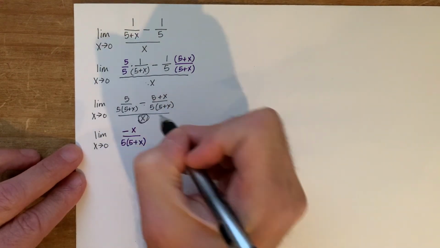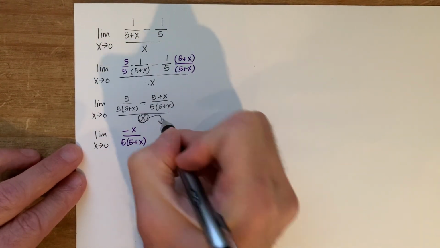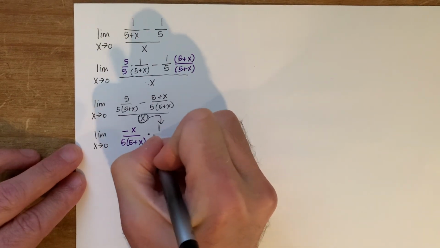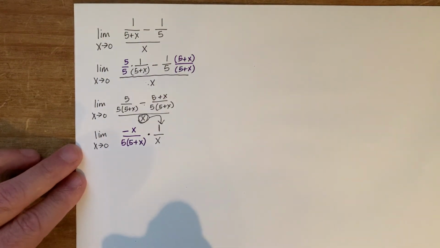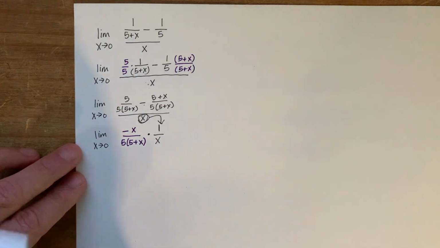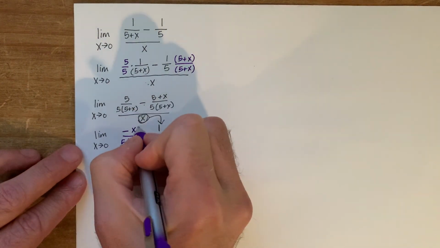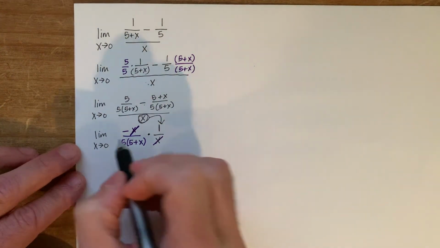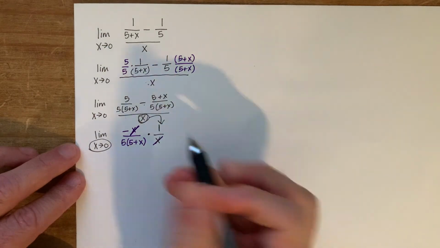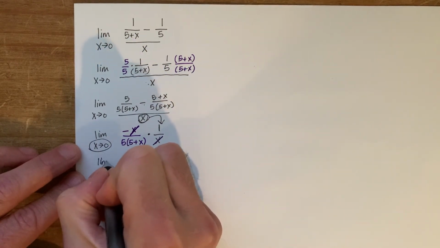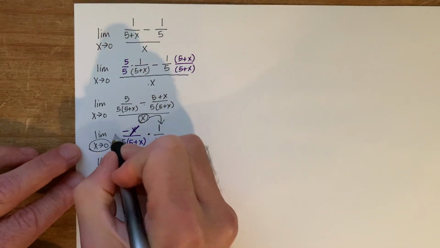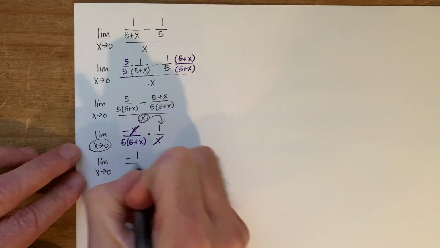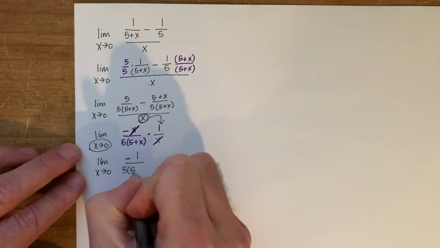My denominator here, when I'm dividing by x, that's the same thing as multiplying by 1 over x. And when you write it that way, you can see here that we have some cancellation that can take place. I can cancel out the x's. That's really what's giving me the problem with this limit as x goes to 0. So I've got the limit as x goes to 0 of negative 1 over 5 times 5 plus x.